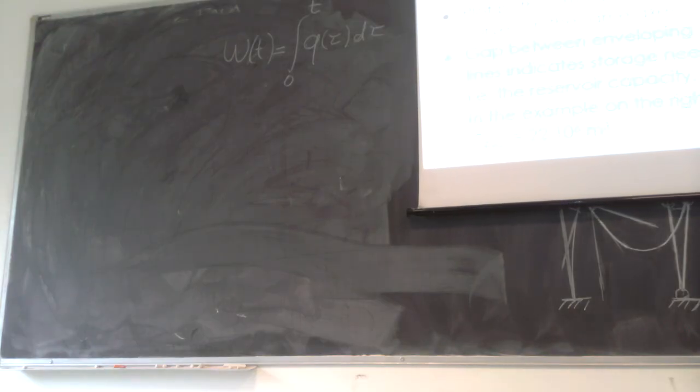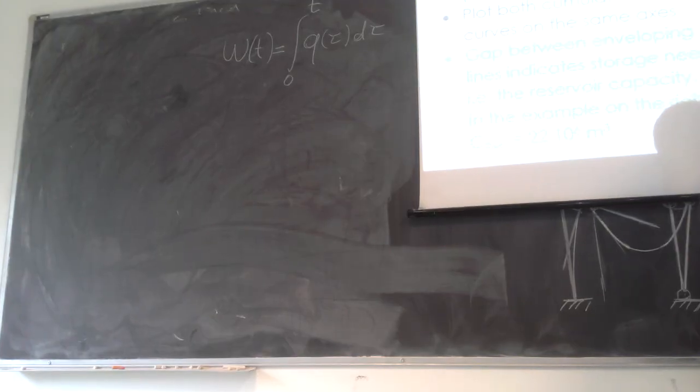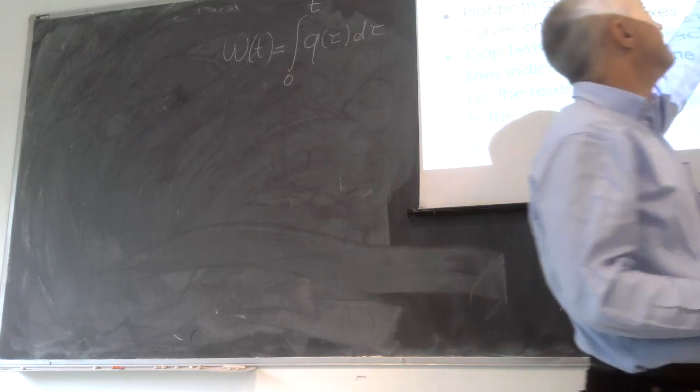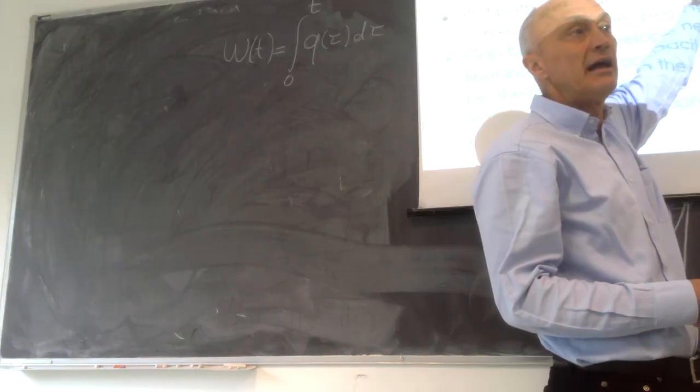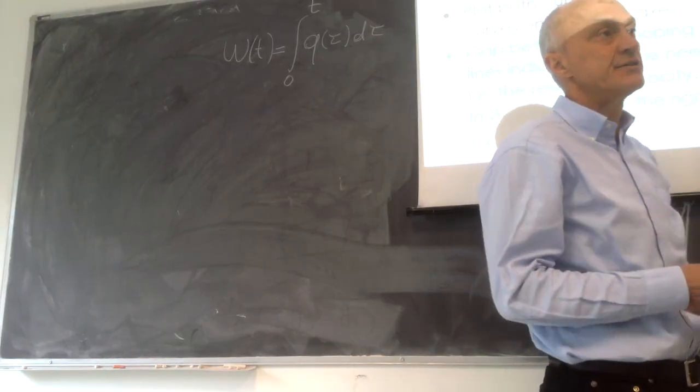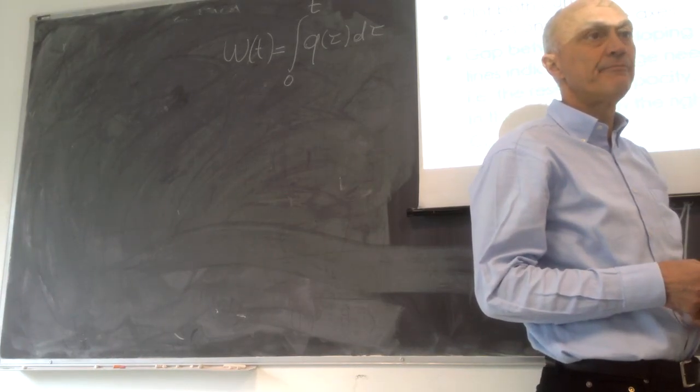Then you do the same, shifting the green curve upwards until it becomes tangent to the black line. And the distance between these two enveloping curves is the reservoir capacity. In this example, 22 million cubic meters. Okay?